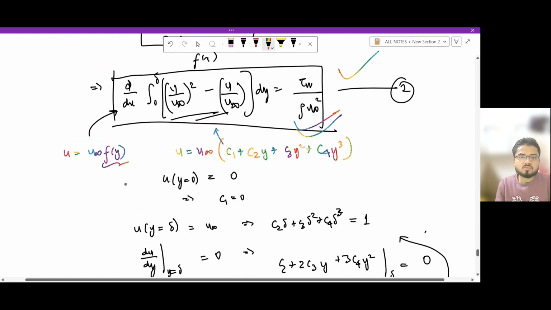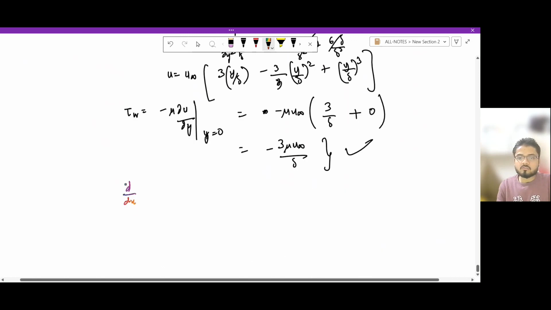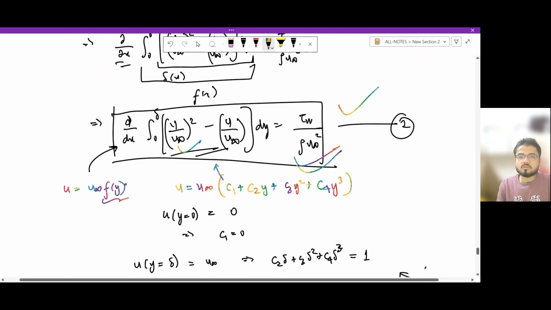So once you do this, you'd obtain something as a function of delta, something like maybe delta squared or delta, and multiplied by a certain constant term. That would be a number that you'd be obtaining by integrating y over delta dy from 0 to delta.